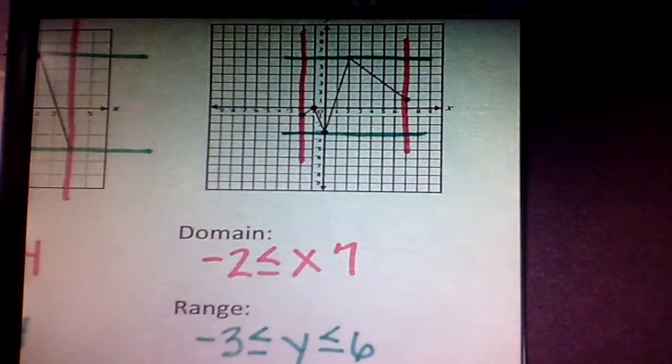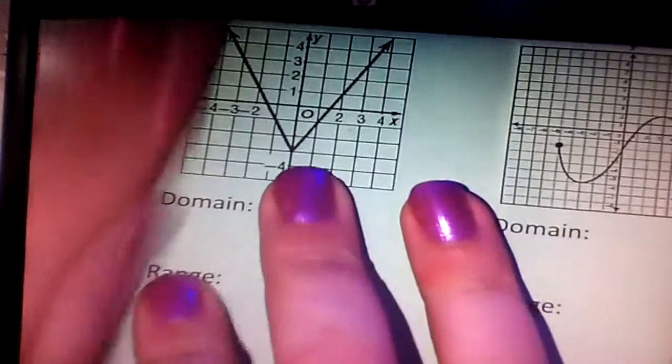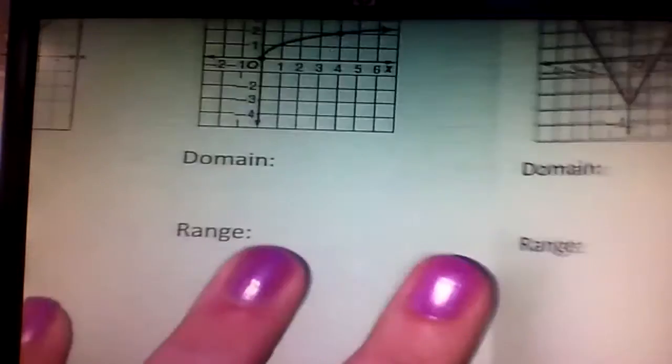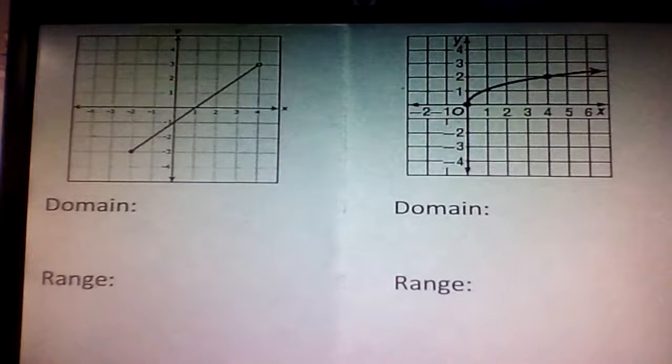Okay. 4 more of these. This one. What do you notice that's different about this graph that the other two did not have? It has a white circle.